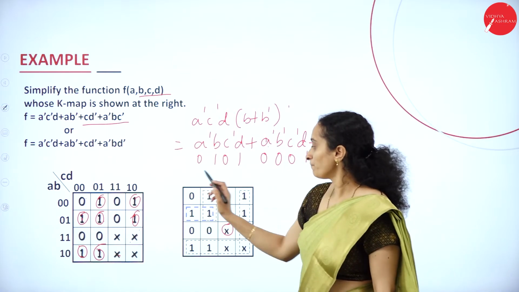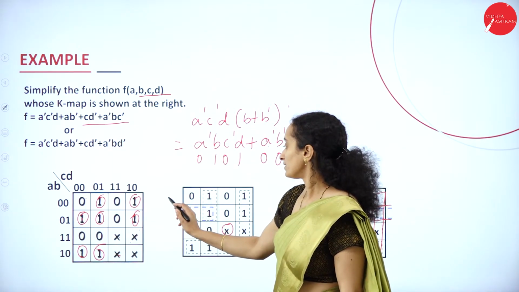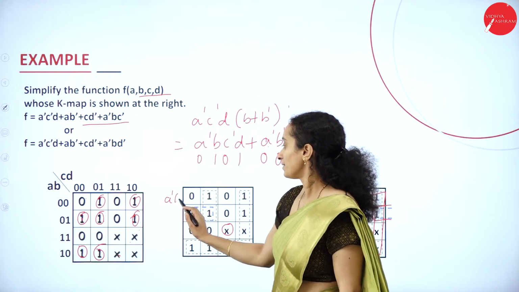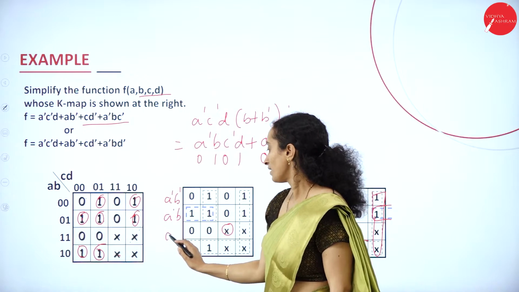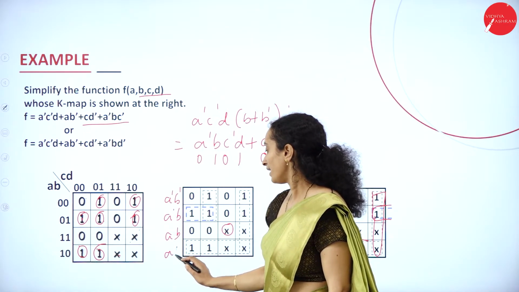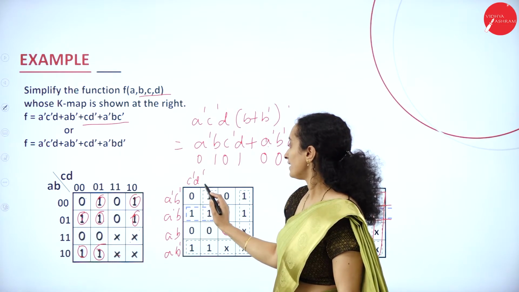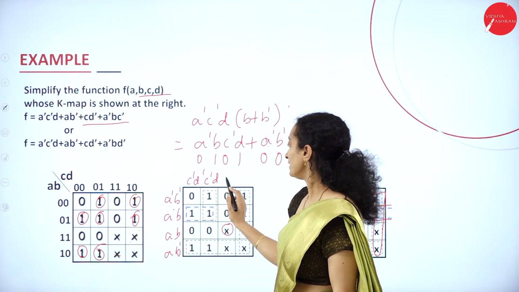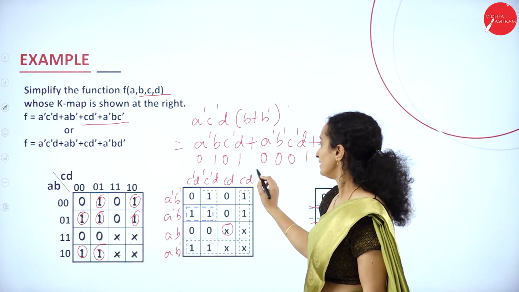So this will become A dash. So it is A dash, B dash, A dash B, AB, AB dash. Now this will be C dash, D dash, C dash D, CD, C, D dash.